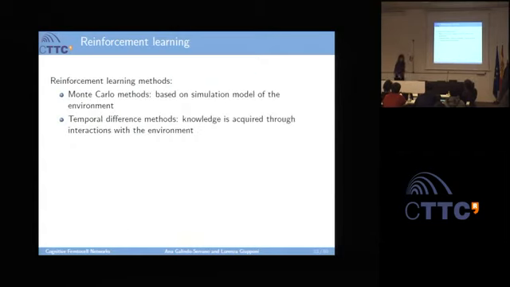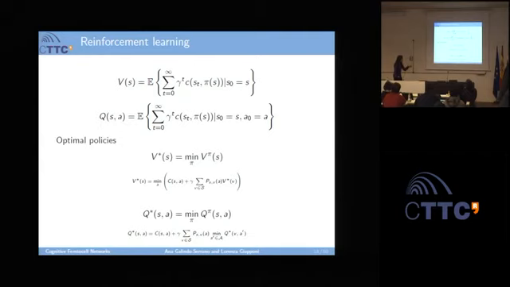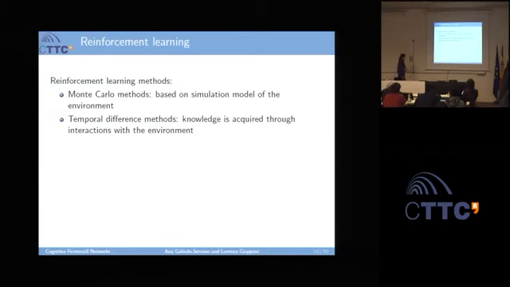So as we saw, we need to know the probability distribution. So we need to know what probability we have to go from one state to another. When this information is available for the agent, the reinforcement learning process is solved by dynamic programming. Since this will not be our case because we cannot model how the environment will behave, this is quite complex for wireless systems.